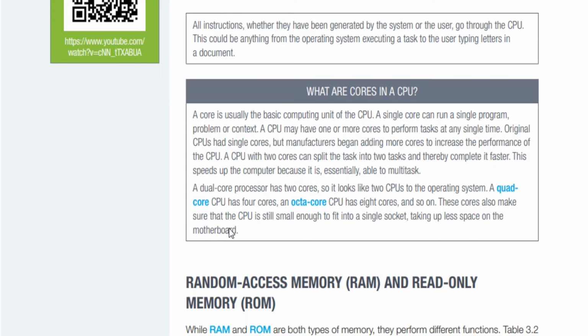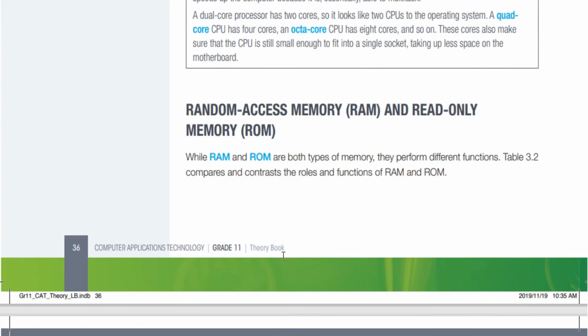A dual-core processor has two cores, so it looks like two CPUs to the operating system. A quad-core CPU has four cores, octo-core, eight cores. It's in the name: octo, quad, dual, right? These cores make sure that the CPU is still small enough to fit in a single socket, taking up less space on the motherboard.